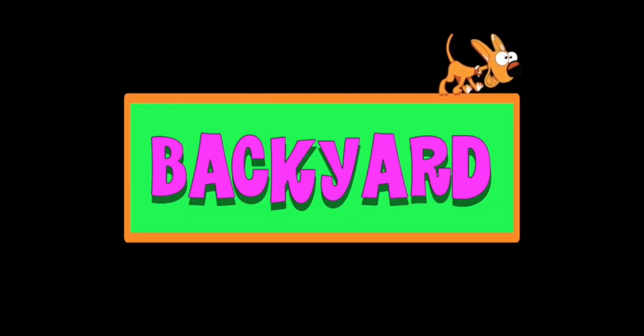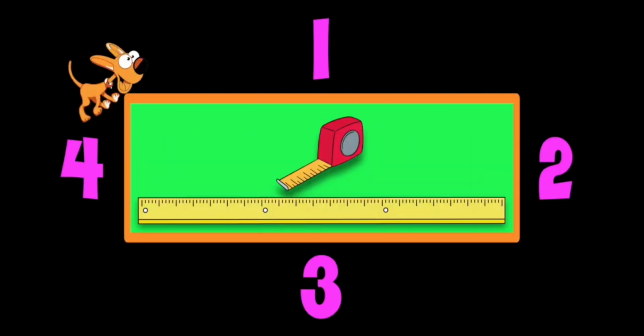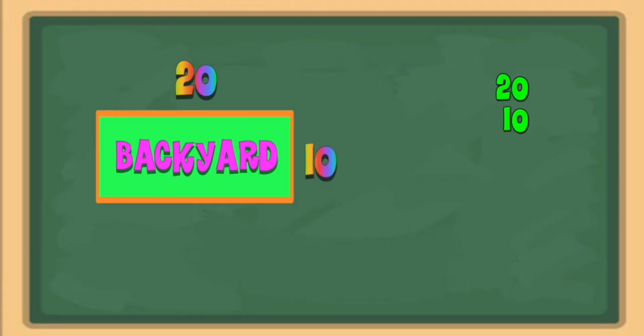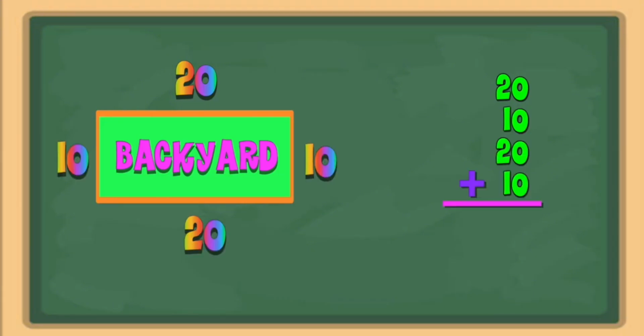There were 4 sides. 1, 2, 3, 4. Measure them quick. 20, 10, 20, 10. 20 plus 10 plus 20 plus 10.